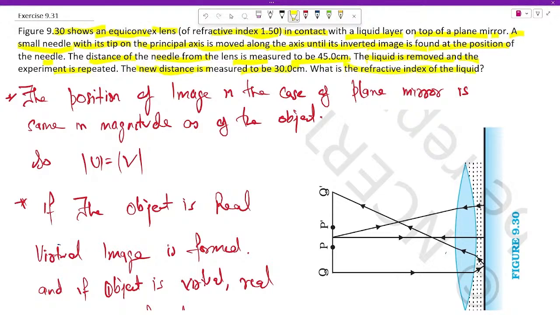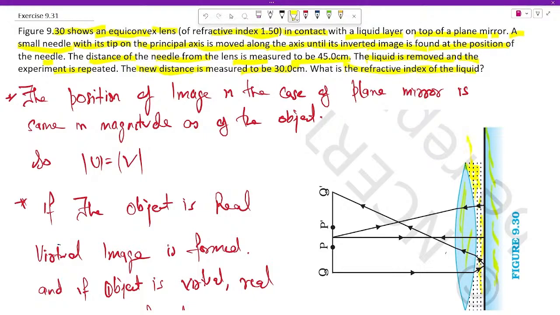So in this arrangement, there is a lens and there is a liquid layer, and this is a plane mirror. Now there are two cases. In one case, there is a liquid layer of some refractive index that is unknown, and we have to find out that refractive index. In the other case, the liquid layer is not present.